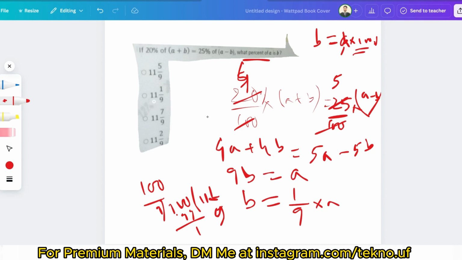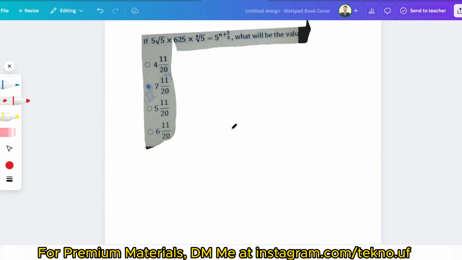So that is option B. I hope you understood the solution. Option B is the correct answer. So let me go to the next problem.